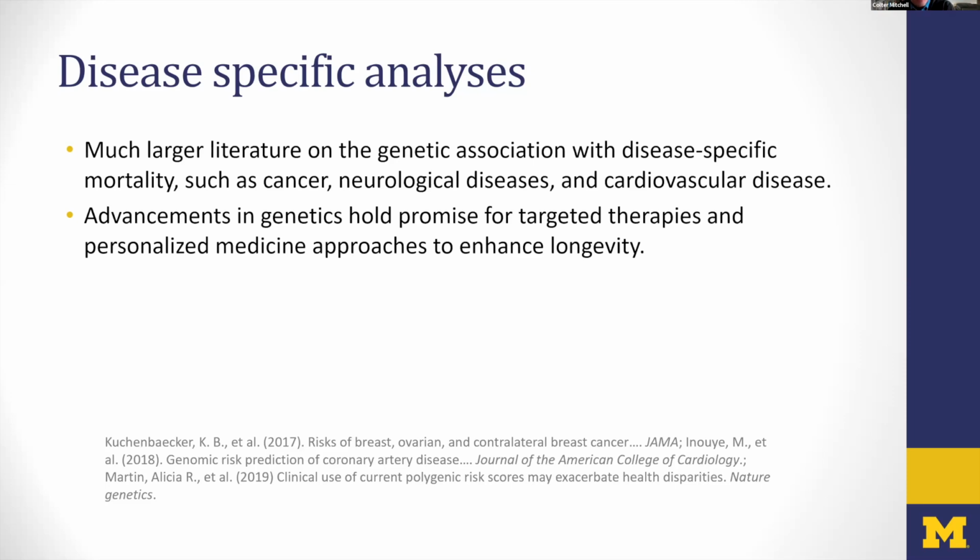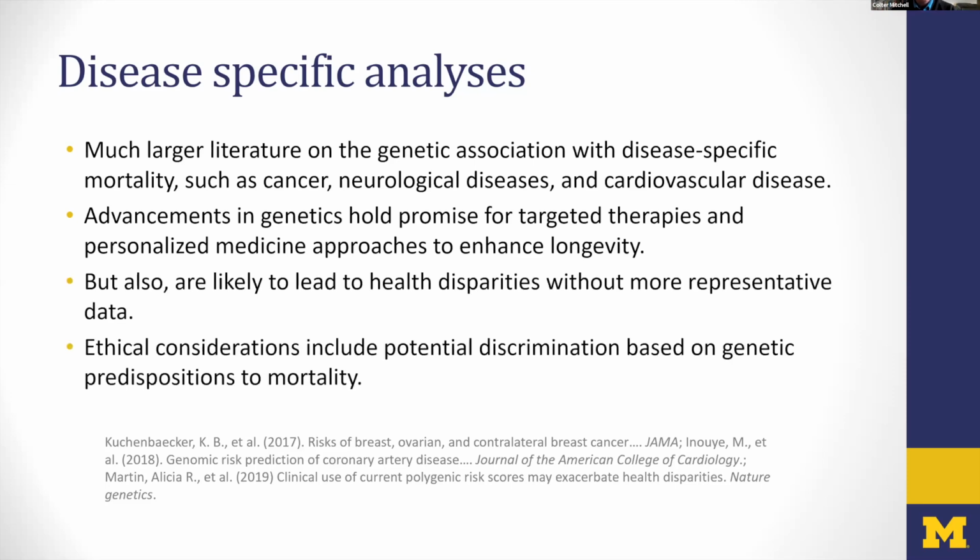So there's a lot of promise. The reason people are spending a lot of time on this is that advancements in genetics hold promise for targeted therapies or personalized medicine approaches to enhance longevity. And this is where I'll take a step back and say there is also a strong potential to lead to health disparities unless the research is more representative. And there are ethical considerations, including potential discrimination based on genetic predispositions for things like life insurance.